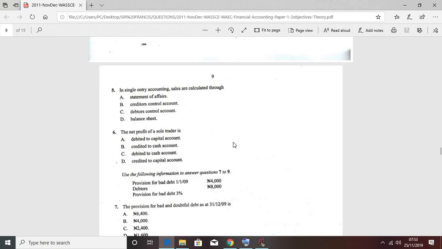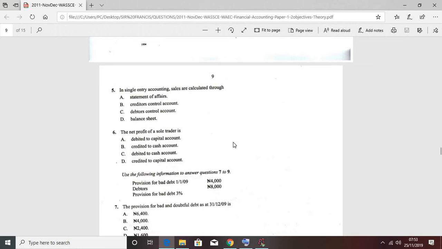D, credited to capital account. Yes, the answer is D, because profit is a positive figure and it should be added to the owner's capital, because we said the sole trader is the owner. He is the sole owner of a business. He controls all the affairs. He enjoys the profit alone.